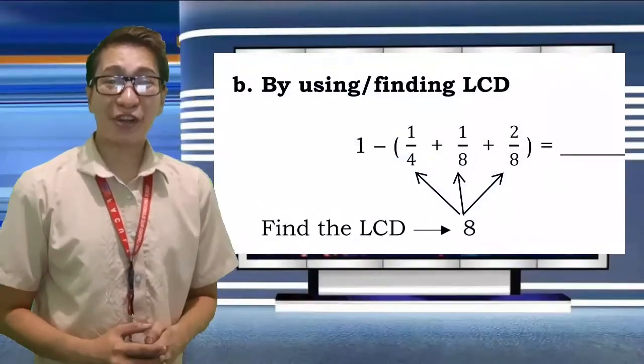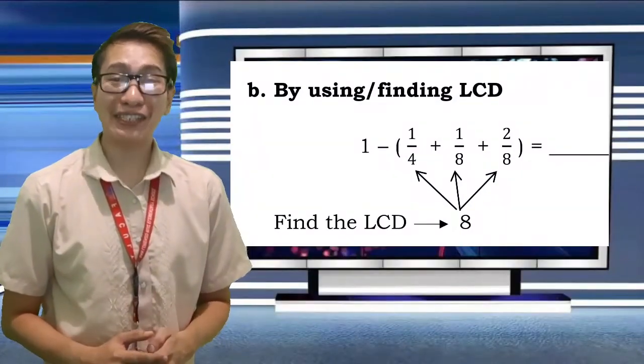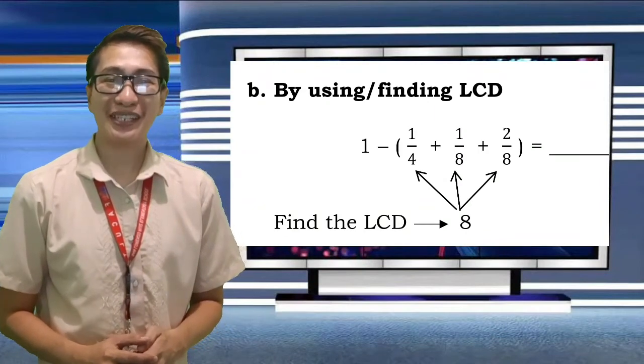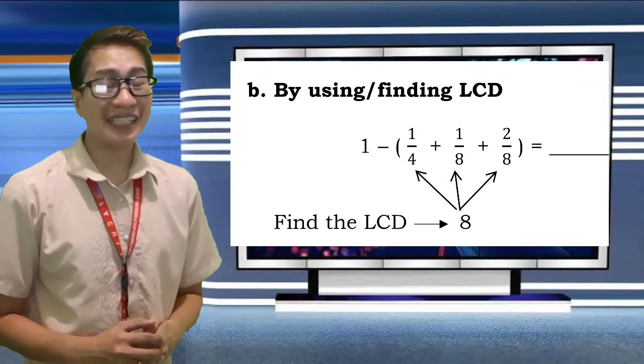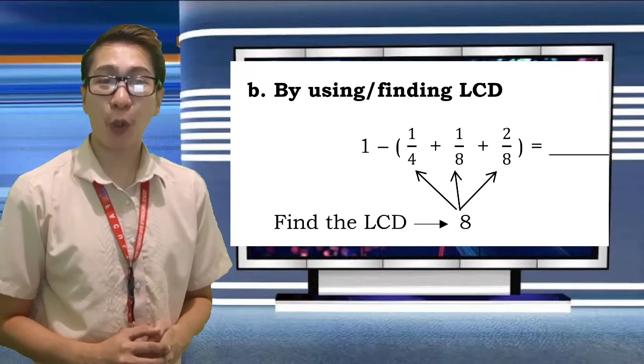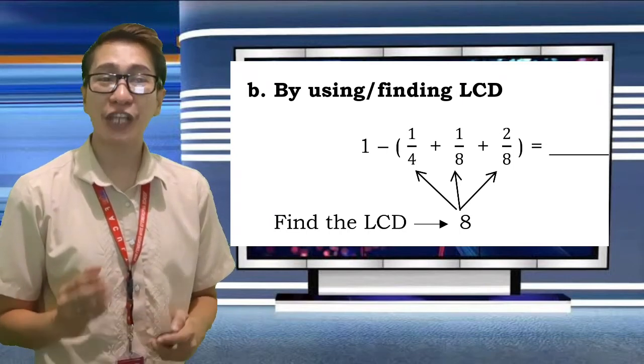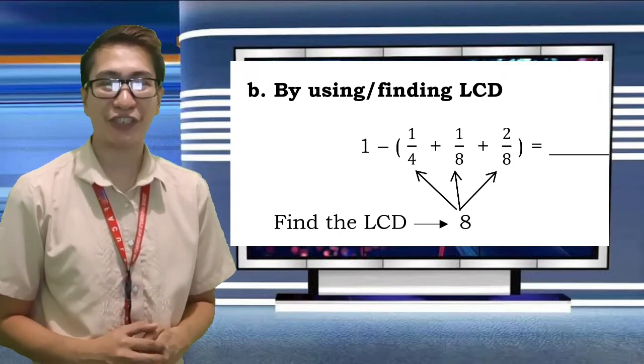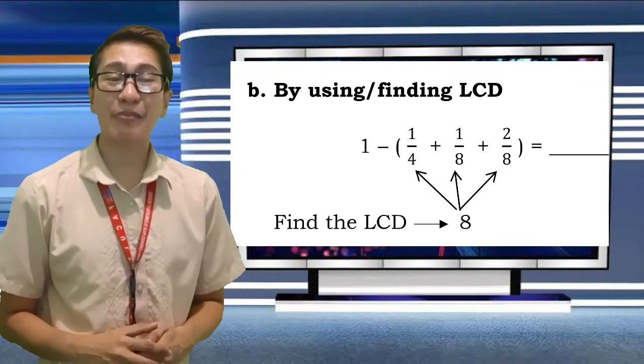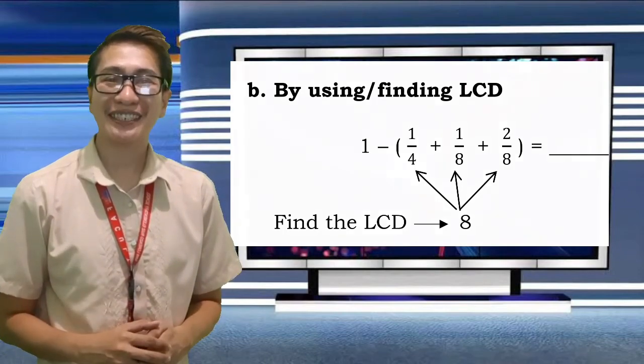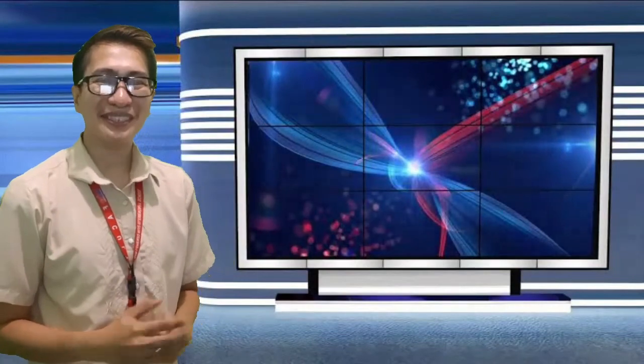Now, by using or finding the LCD or least common denominator, divide the LCD by the denominator and multiply the quotient by the numerator to change the fractions to similar fractions. The LCD will become the denominator. Study the table.